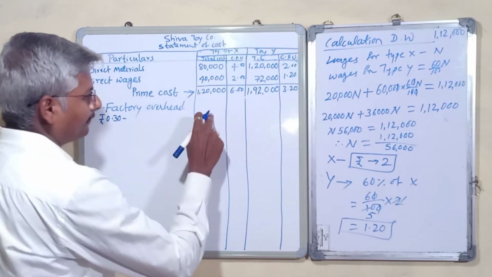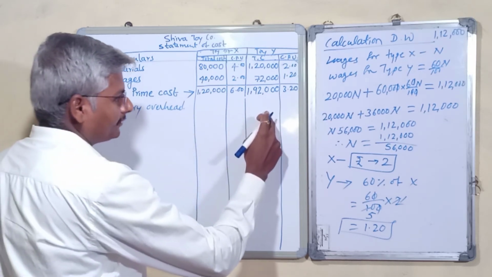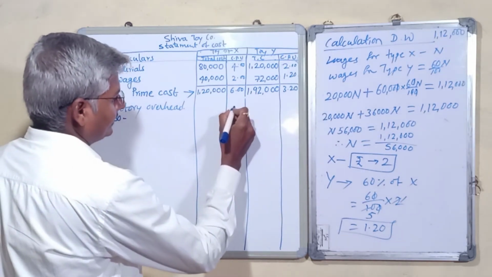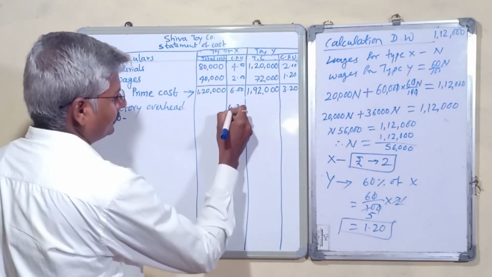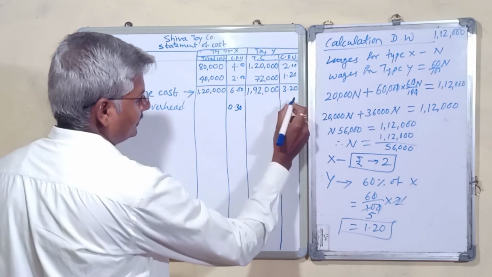So 20,000 units of X and 60,000 units of Y. I will add 0.30, that is 30 paisa, here and 30 paisa here.